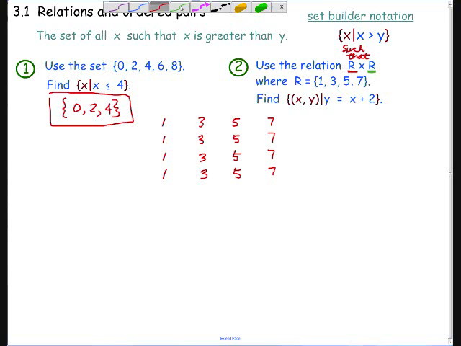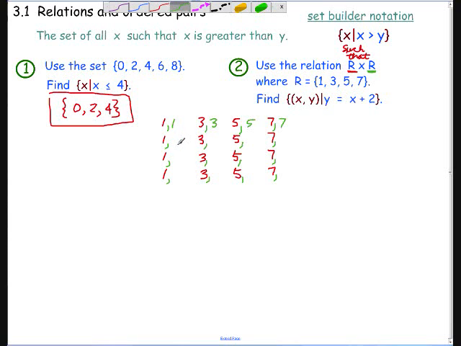All right, and we'll go to the second member, which I know is also going to happen 4 times for each of those. And that's going to be 1, 3, 5, 7.